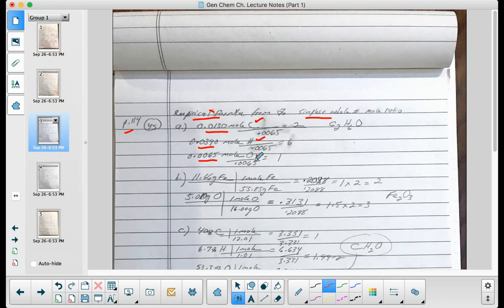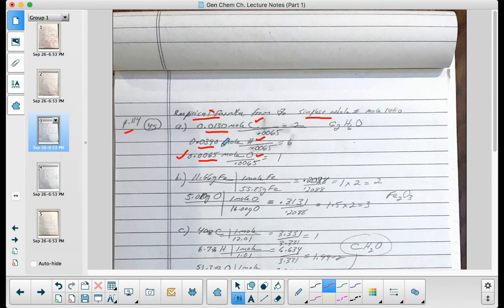So what I always say is, pick of your set of values for mole, pick the smallest one. So in this set of three, 1, 2, 3, the smallest one is this. So I'll divide each by the smallest. If I divide this value 0.013 by 0.0065, I get 2.